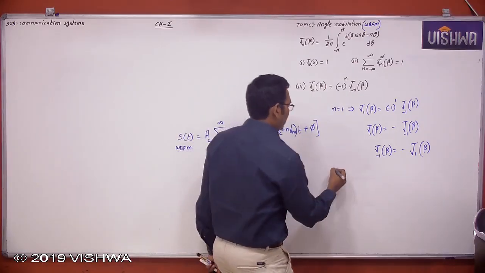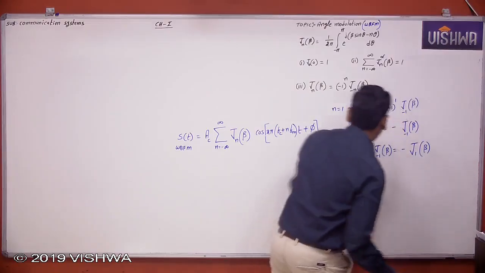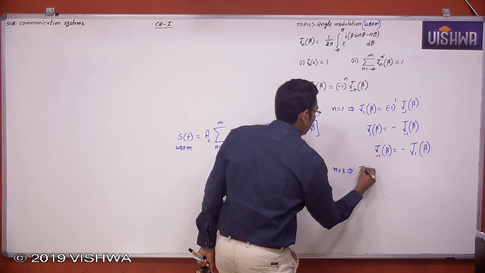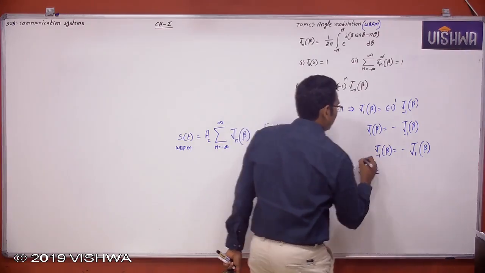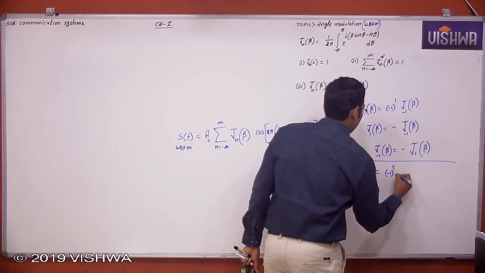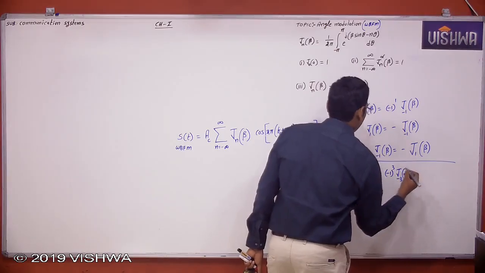Now similarly, n equal to 3, J3 of beta is equal to minus 1 whole power 3 into J minus 3 of beta.